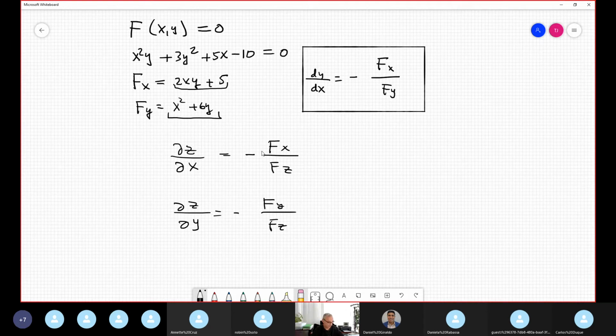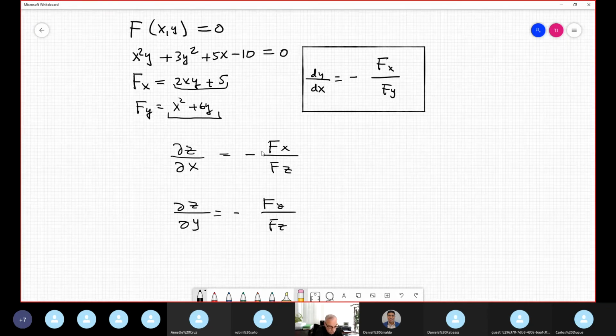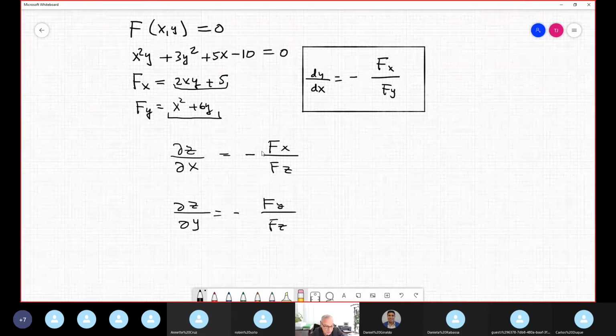Let's see an example. An elementary example, no big deal. Afterwards I will complicate it, but not now. Okay, let me try to find a good one. Look, implicit differentiation, no chain rule.